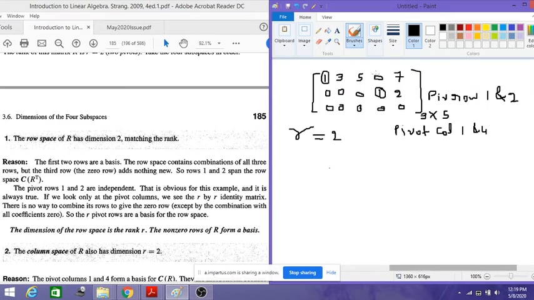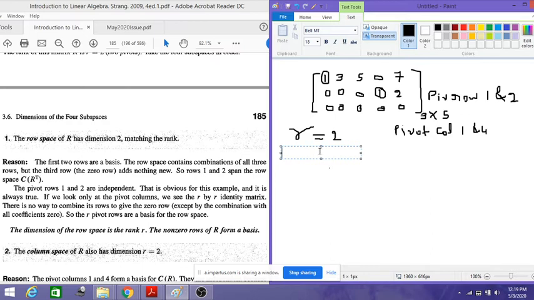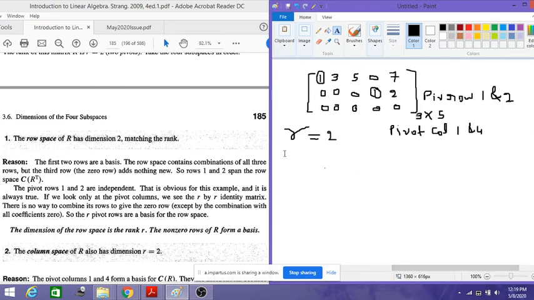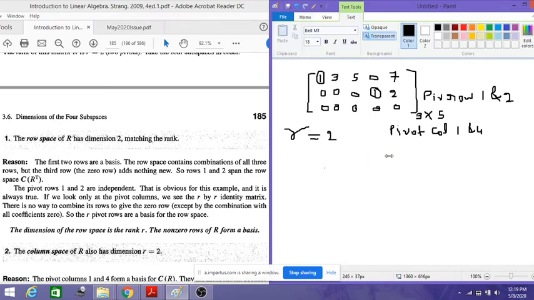Now relate this to the four fundamental subspaces. The first one is the row space of R. What is its dimension? I told you that the number of non-zero rows defines the dimension. R is the reduced matrix.